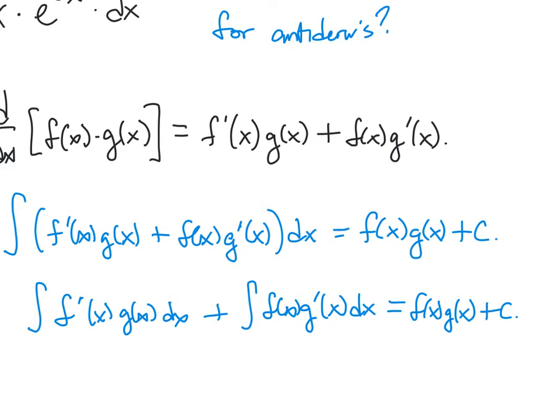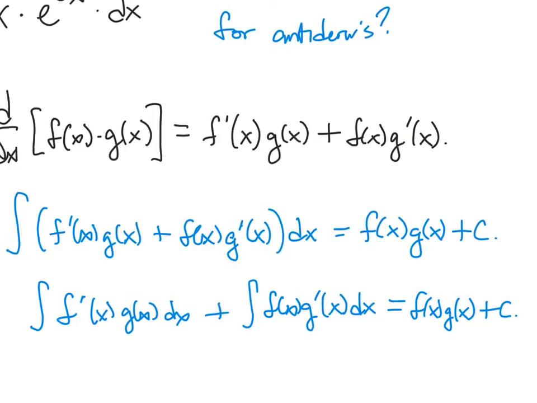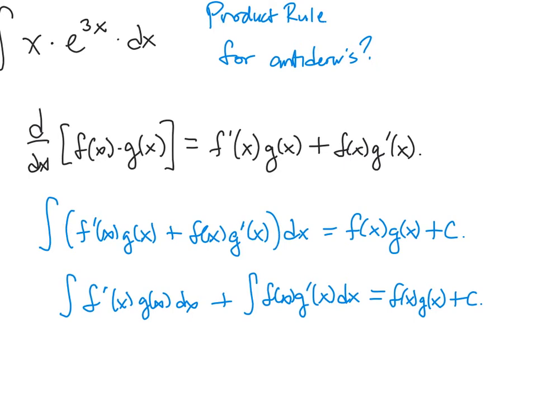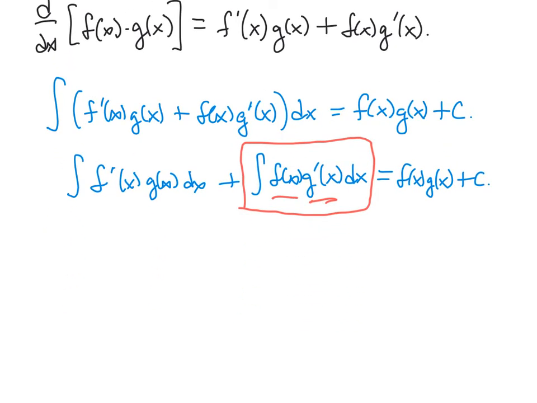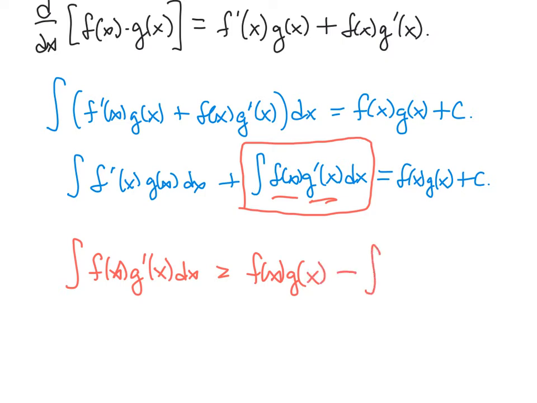So if I could take that integral of that product that I started with and put it in this form, where the integrand is equal to f of x times g prime of x, where f and g are some functions, then I could say that the integral of f of x g prime of x dx is equal to f of x times g of x minus the integral of f prime of x g of x dx.